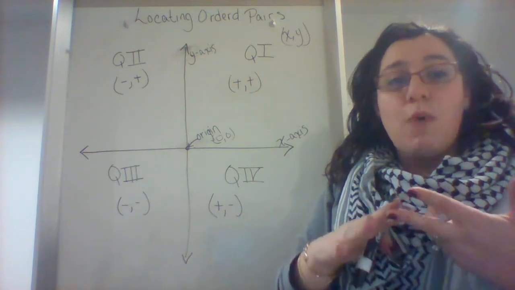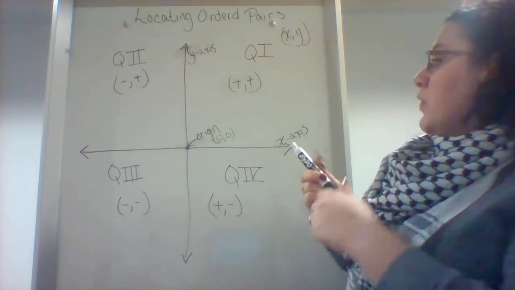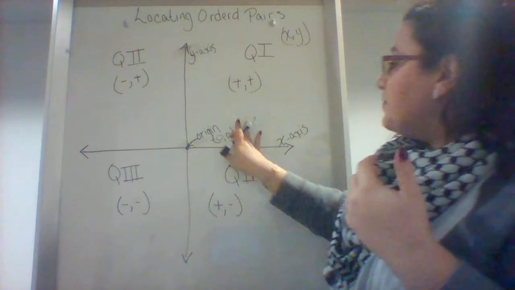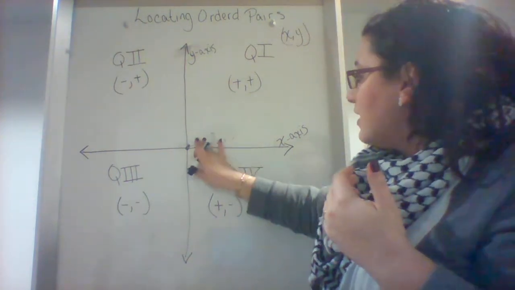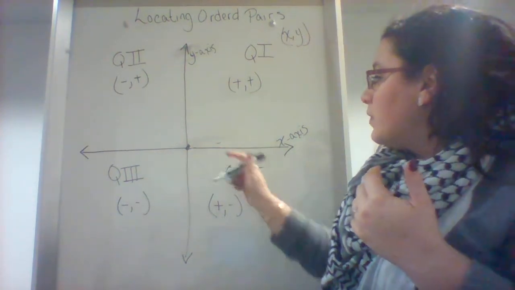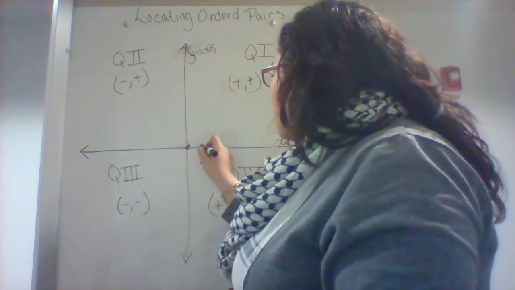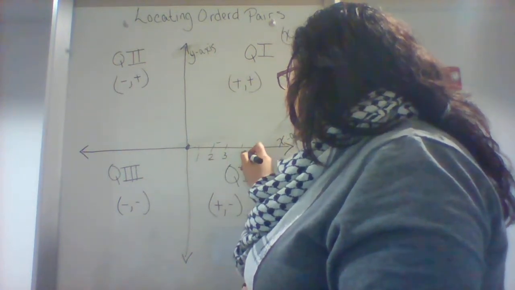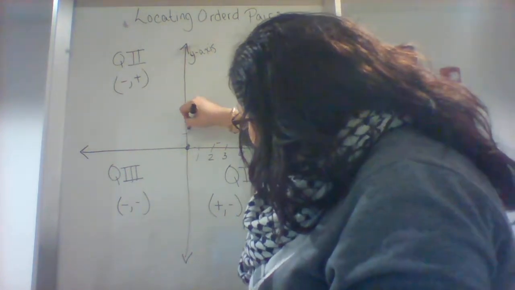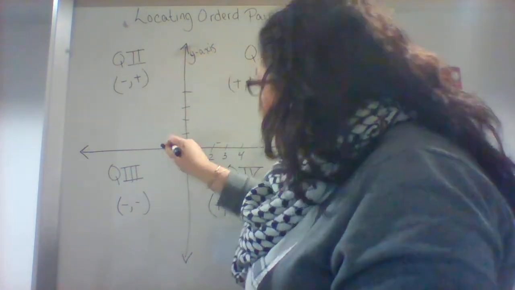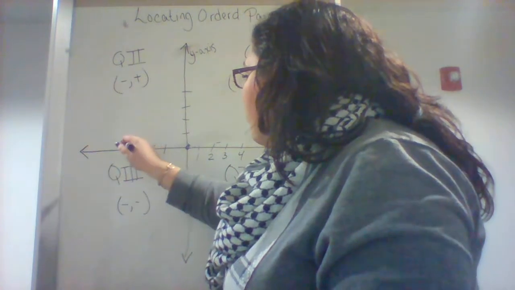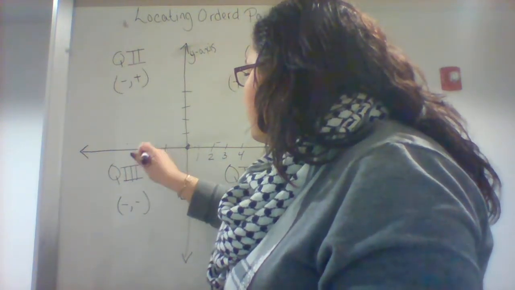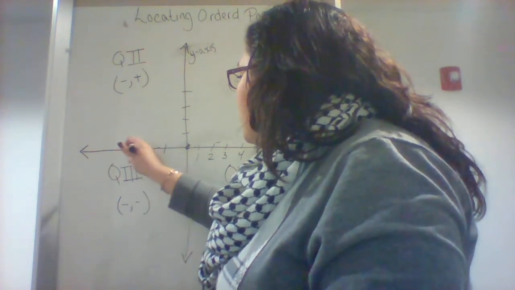X-axis first, Y-axis second. So if I gave you, let's erase that, let's put some numbers on here. So let's make this 1, 2, 3, 4. And I have 1, 2, 3, 4. That's not good spacing. 1, 2, 3, 4.